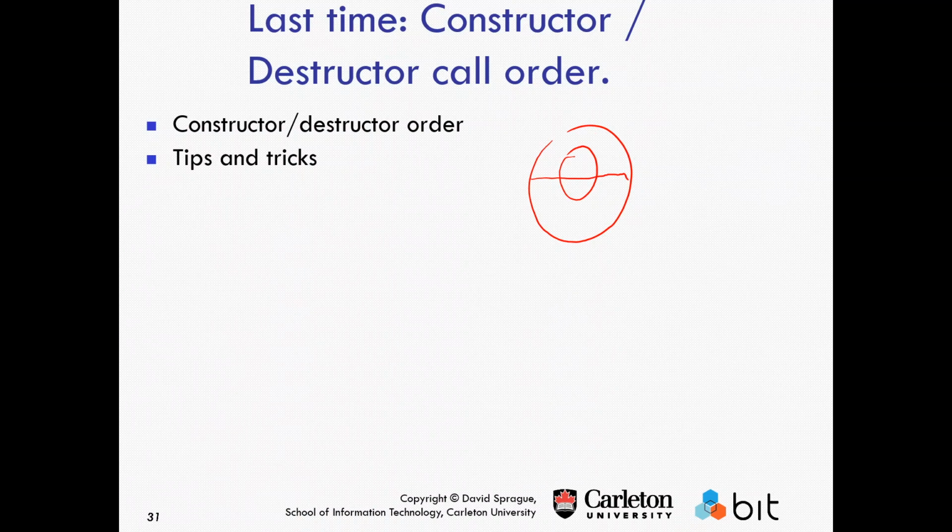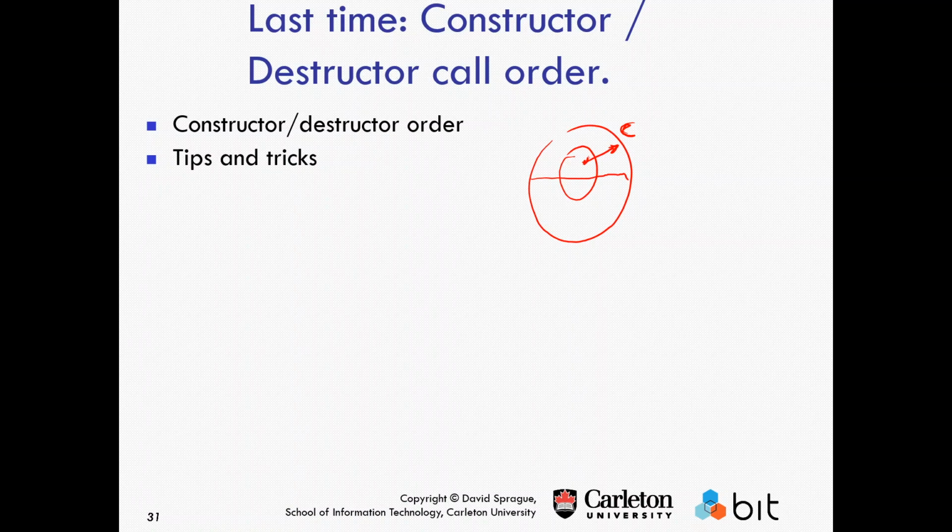Well, if I make the outside part, do I know I have everything right? What I really need to do is make the inside. For the constructor, I make the inside and then the outside. I need to start with the germ, the center part, and then I build a layer on top of that. When I destroy that object, I don't know when I'm going to destroy the center part.